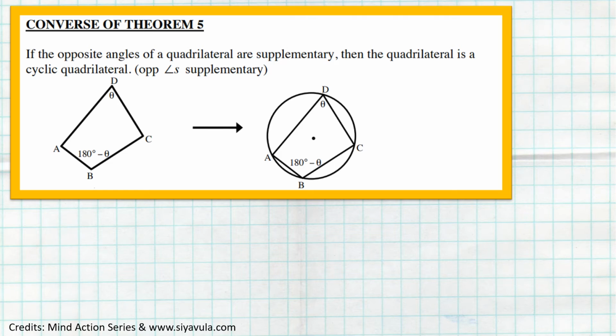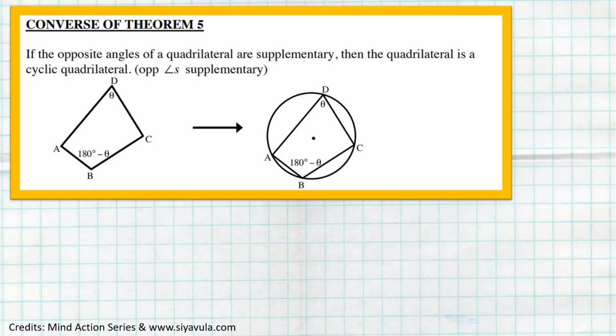So this is very, very important for the questions that say, prove whether the following polygon is a cyclic quadrilateral. So you have to be thinking of the converse theorem of cyclic quads, and this is theorem number 5.